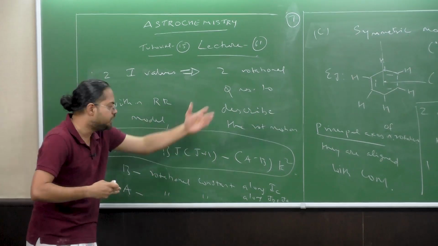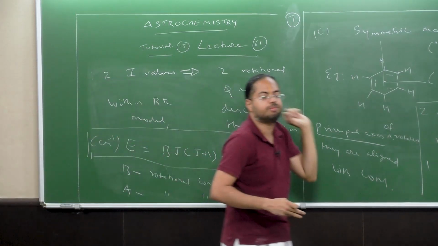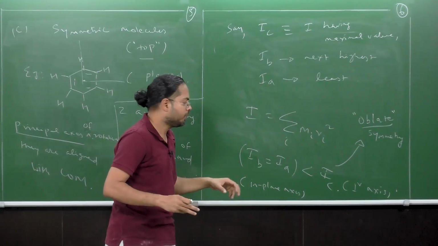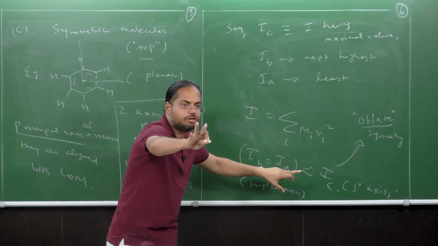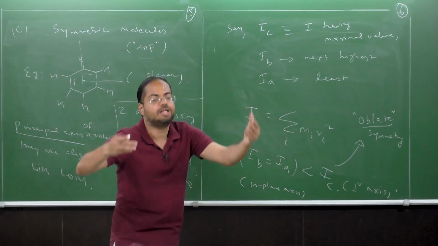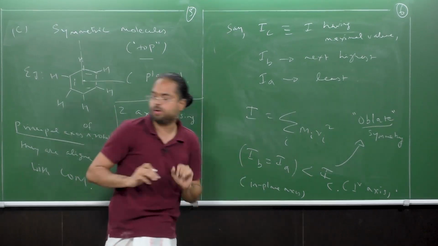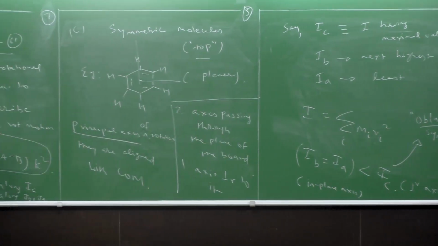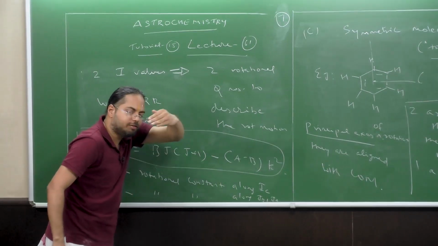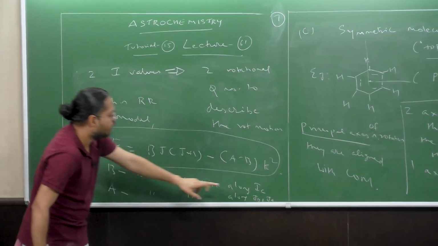It is an easy extension to show that for molecules containing this symmetry, where there are two different values of moment of inertia, I'll come back to the connection between IB, IA and IC a bit later. But effectively there are just two different values of moment of inertia, IC and IB equals IA. So for such systems, B is a rotational constant along the unique axis, and A is a rotational constant along IB and IA.